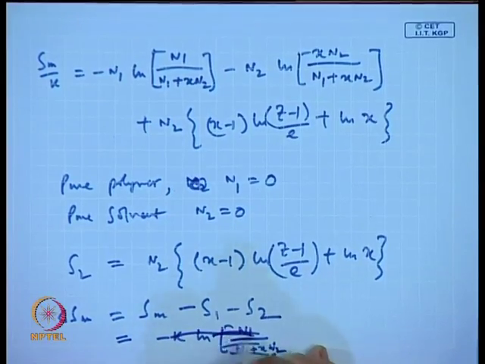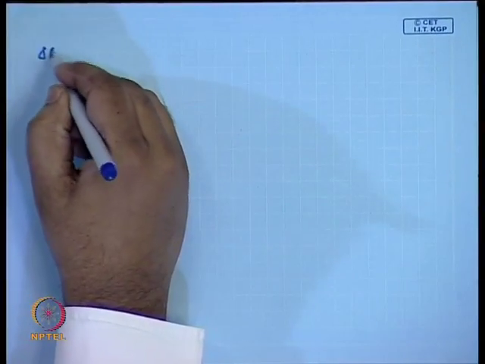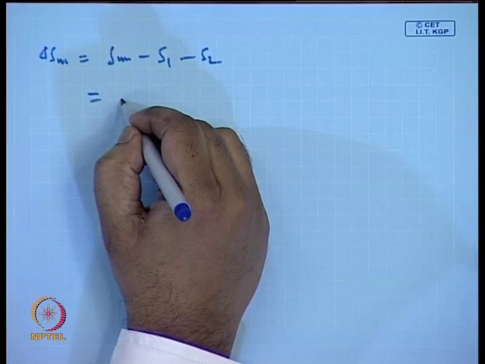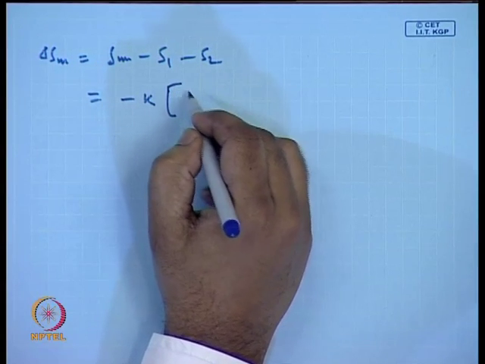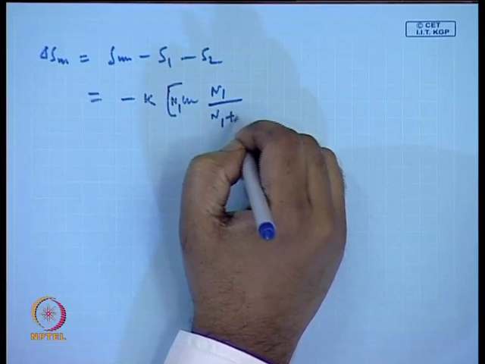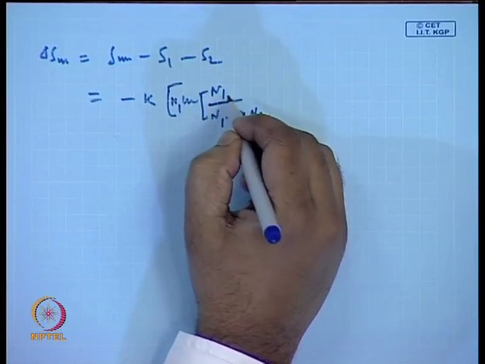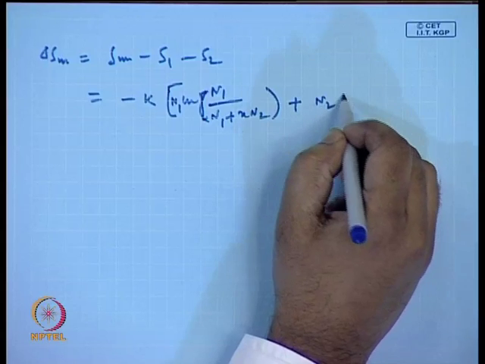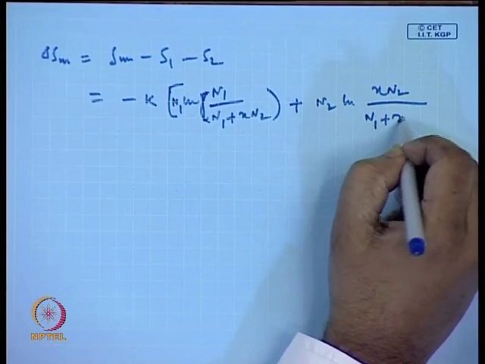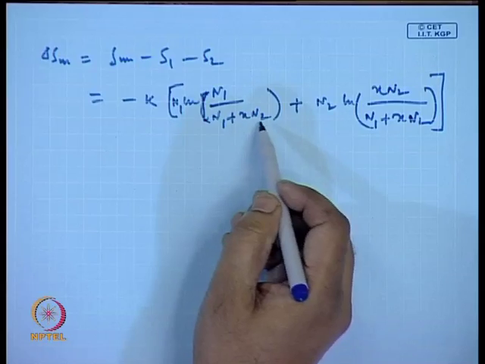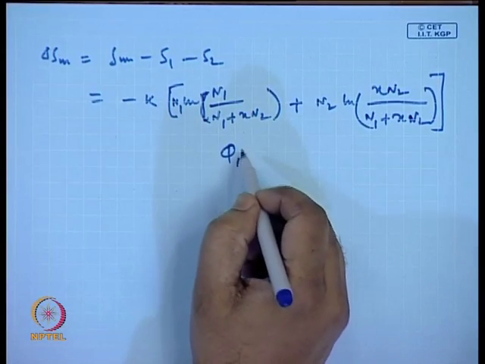Okay, let us do it in the next page. Now, N1 by (N1 plus x N2) we can write as phi 1, the volume fraction.